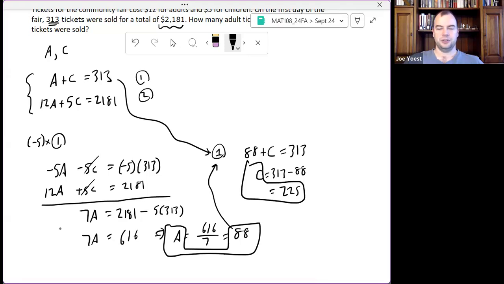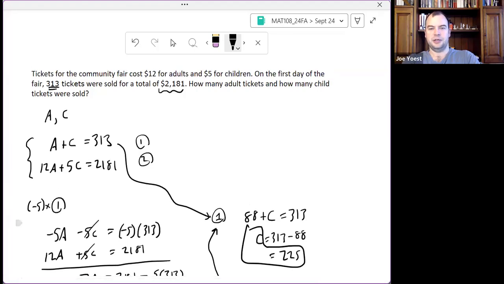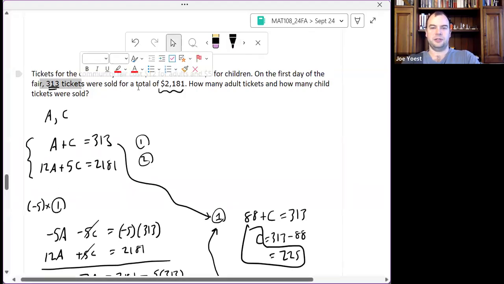So it looks like we sold 88 adult tickets, 225 child tickets, for a total of 313 tickets sold and a total revenue of $2,181. So any questions on any of the material from today?